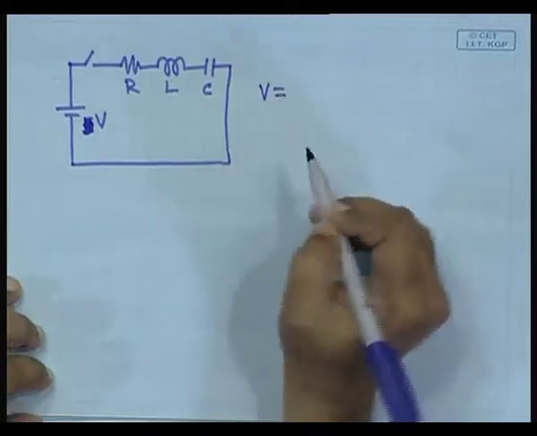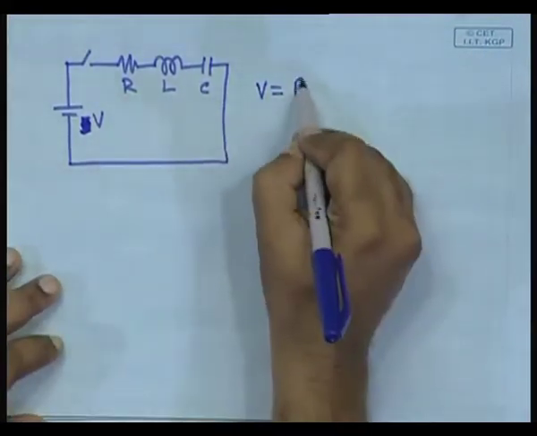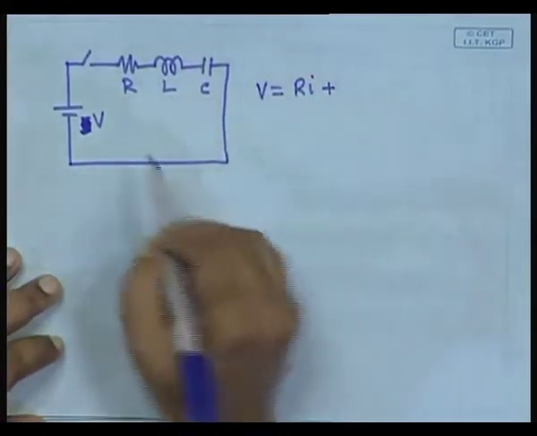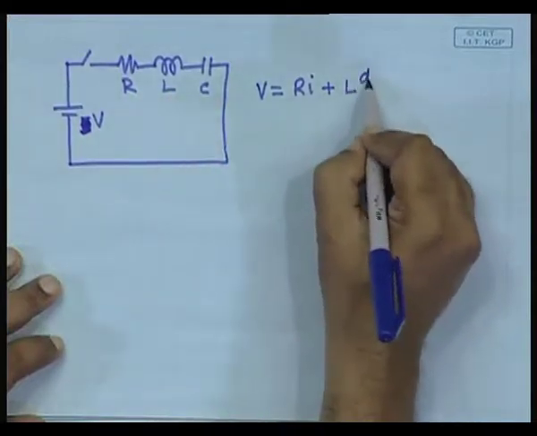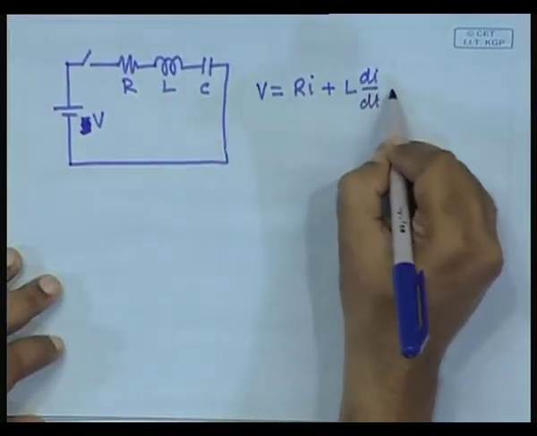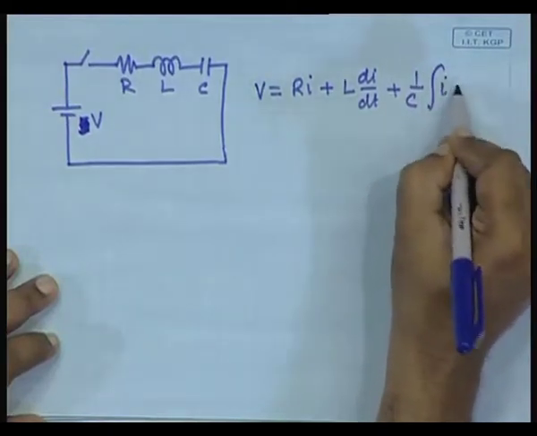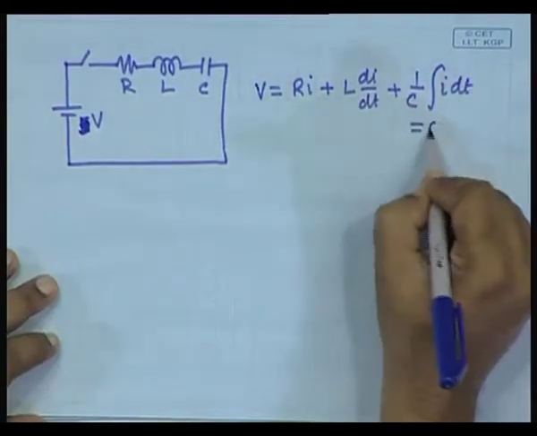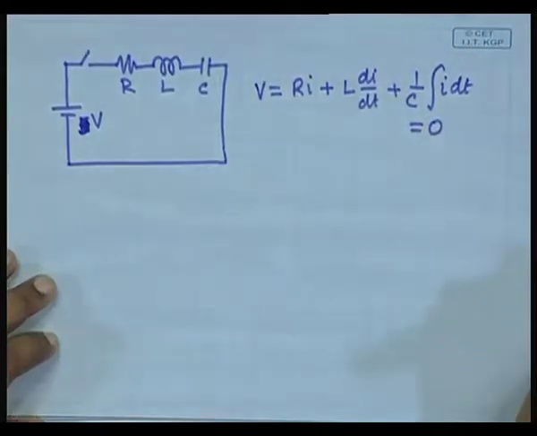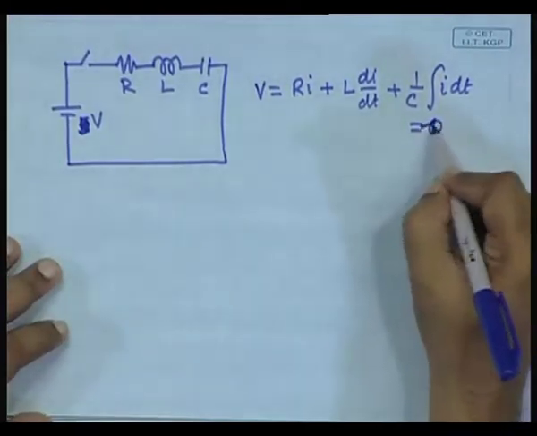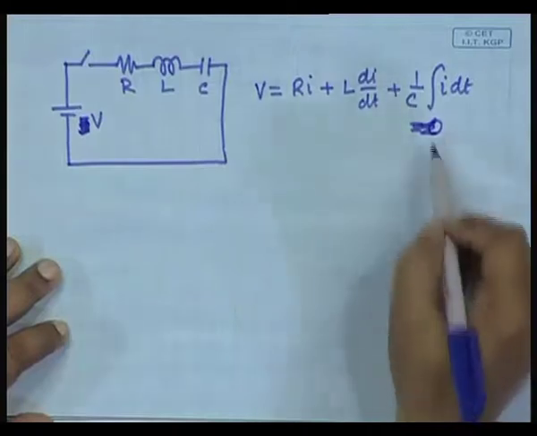V is equal to R I plus L d I dt plus 1 by C integral I dt.